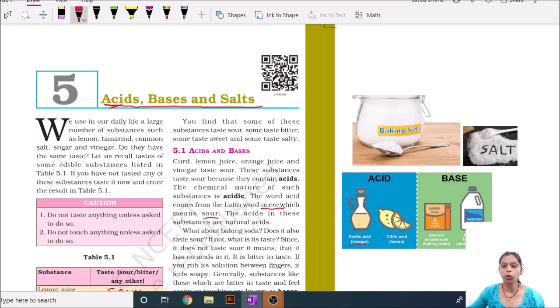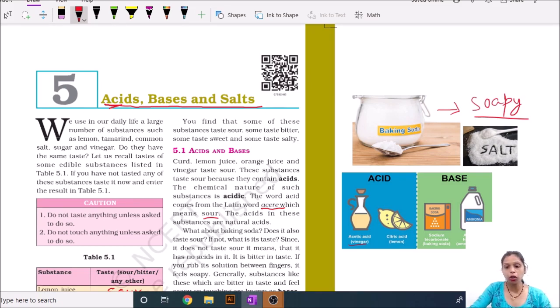You can see in this picture, this is baking soda. Whenever you touch baking soda, your finger feels soapy. It shows that it has a base character.